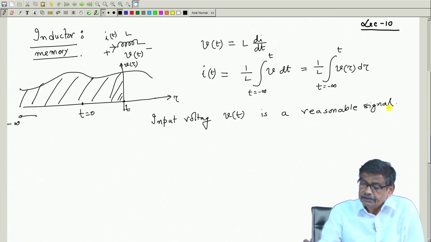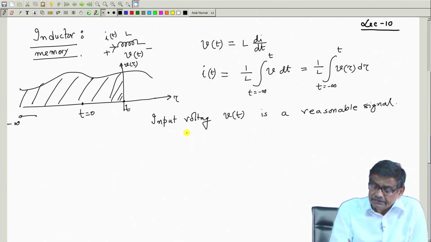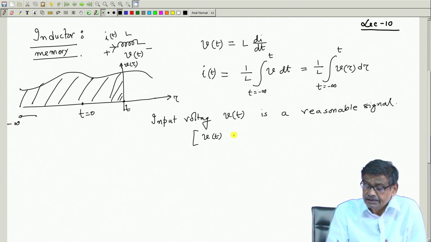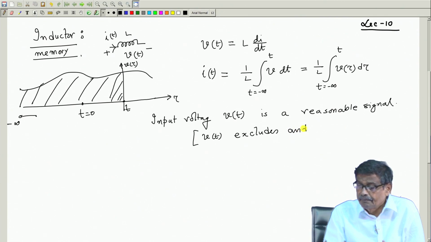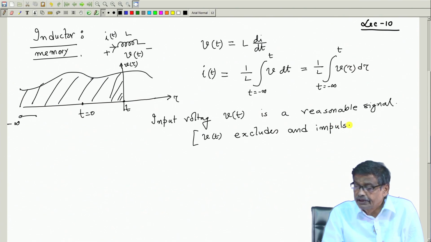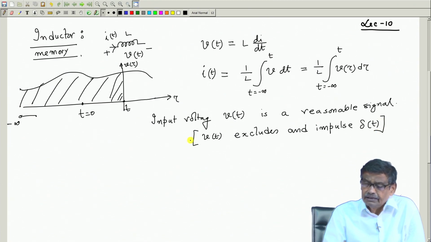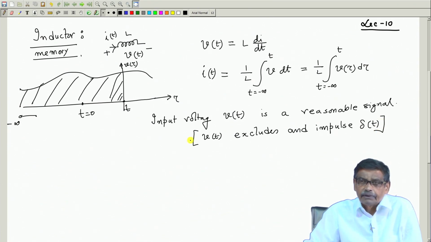Those are all reasonable signals. Input voltage is a reasonable signal, that is V t, and I will exclude an impulse signal for the time being. Your input signal could also be an impulse signal, which is generally denoted by delta t, except for that we are discussing now at present.